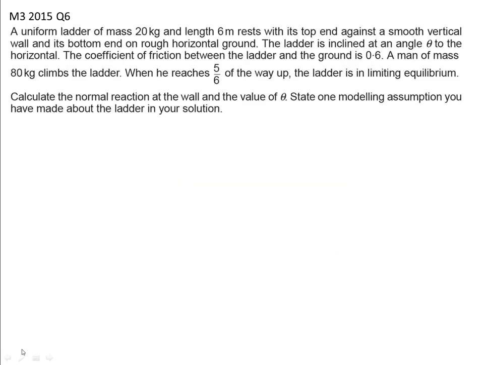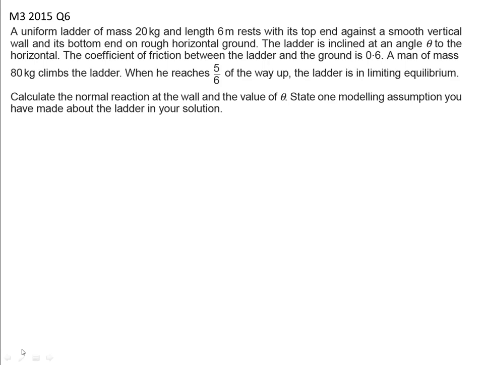So, looking at our first example, which comes from the 2015 paper, we have a uniform ladder of mass 20 kilograms and length 6 metres, with its top end against a smooth vertical wall, its bottom end on rough horizontal ground. The ladder is inclined at an angle theta to the horizontal. The coefficient of friction between the ladder and the ground is 0.6.